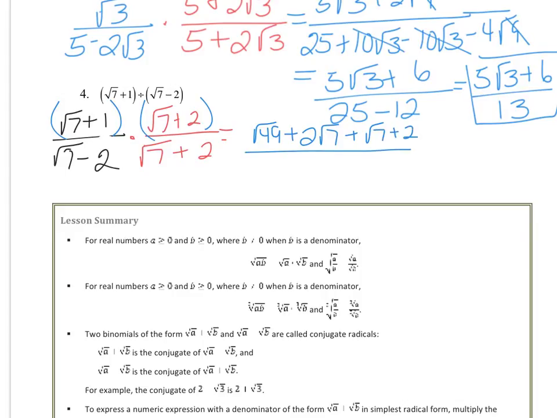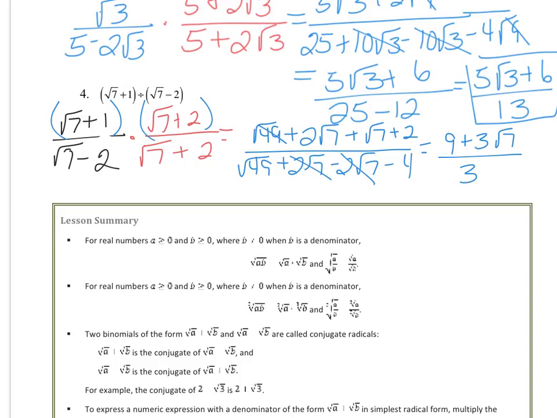On the bottom, I end up with radical 49 plus 2 radical 7 minus 2 radical 7 minus 4. Neaten it up. On the top, square root of 49 is 7 plus 2 gives me 9 plus 3 radical 7s. And on the bottom, middles cancel out. Square root of 49 is 7 minus 4 gives me 3.